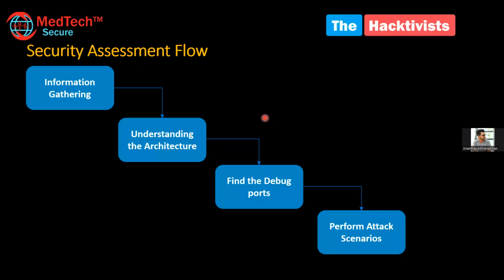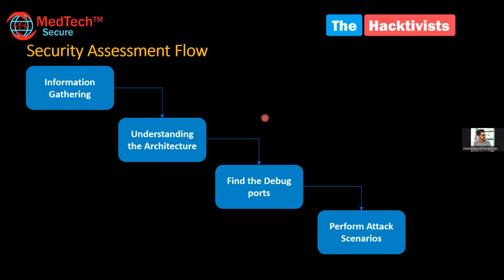and what kind of components it has? In this security assessment flow, we'll look at the step by step procedure for pen testing a device, how to find out the protocols and components being used, and after finding them, how to test for vulnerabilities from a security perspective.